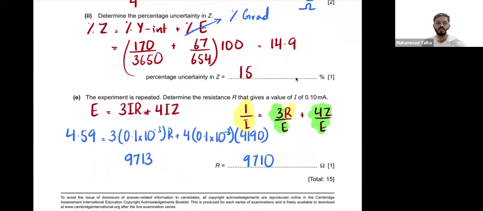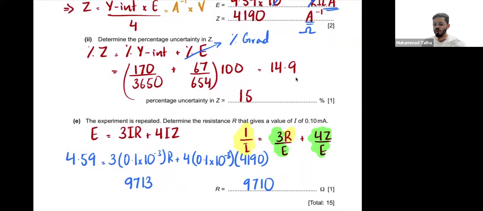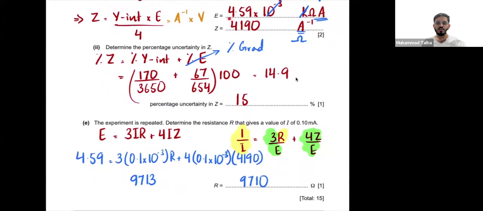Part E, the experiment is repeated. Determine the resistance R that gives a value of I of 0.10 milliamperes. For this, you can use either the equation which is given in the question, or you can use that linearized form that you were working with. It's totally up to you. There is no hard and fast rule of what you must use. What you should use is obviously the values that you did find.